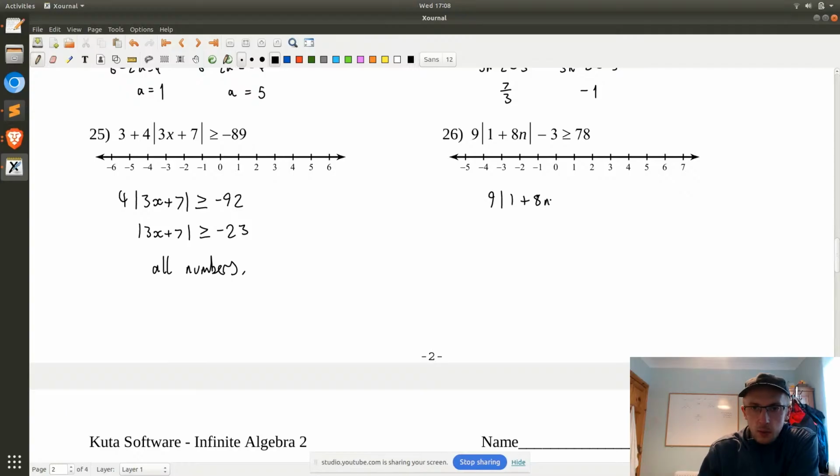9 absolute 1 add a10 is greater than or equal to 81. Absolute of 1 add a10 is greater than or equal to 9. And when is that true? Solve as a linear. Maybe here.